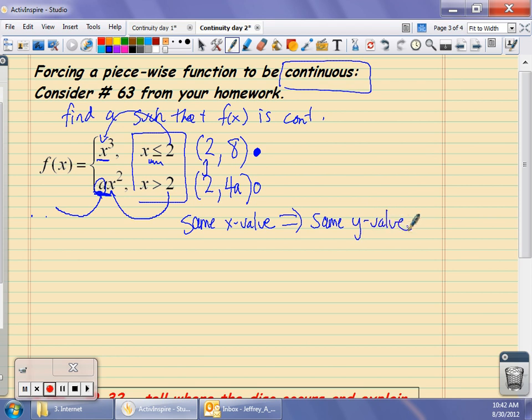So the implication is that this y value of 8 has to equal this y value of 4a. In order for that to happen, the value of a would be 2. And that's how you find a value that forces a function to be continuous.